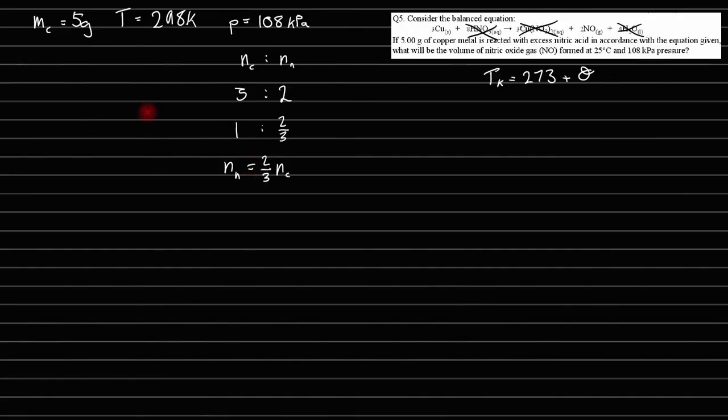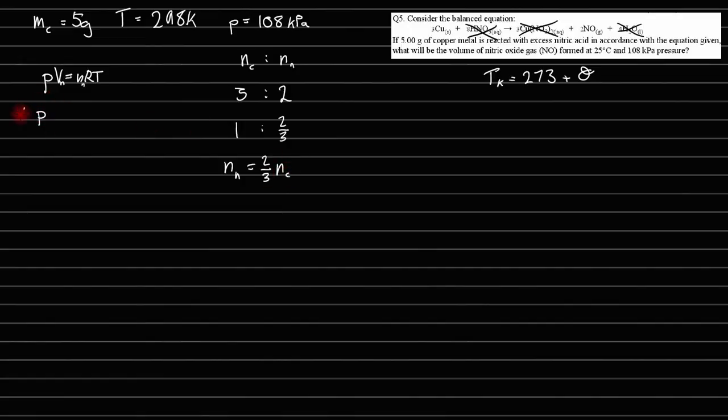Now we know the number of moles, we can just resort to our ideal gas equation, PV equals nRT. We would originally be thinking of the volume of NO and the number of moles of NO, but we've just shown that the number of moles of NO is equal to 2 over 3 times the number of moles of copper.